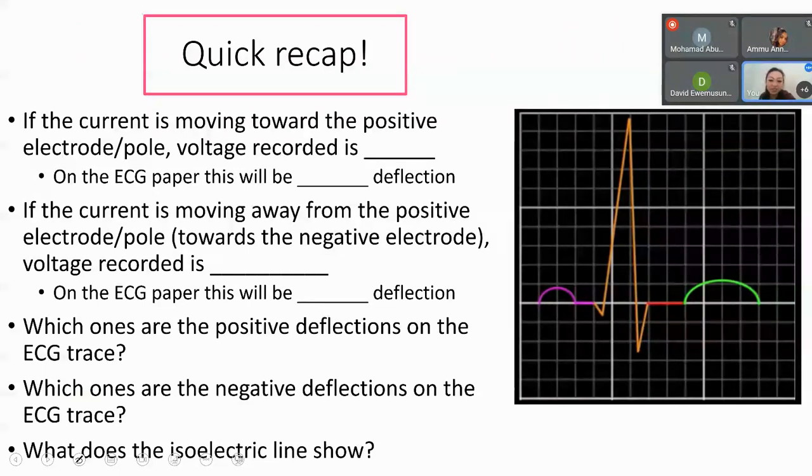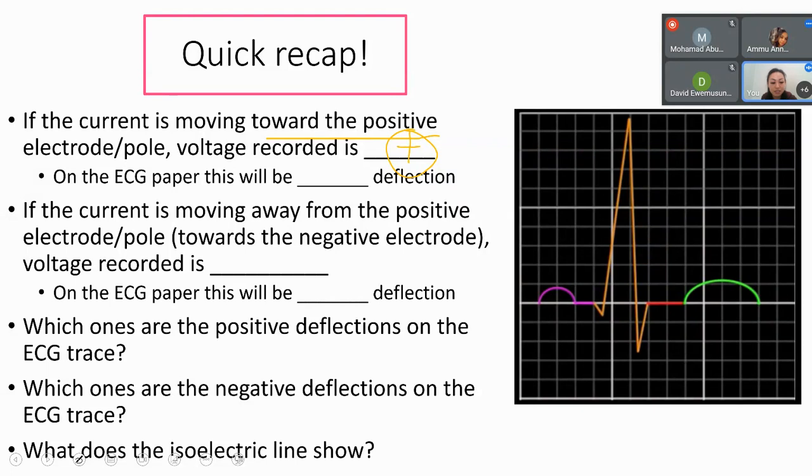If the current is moving towards the positive lead, the voltage recorded is positive.